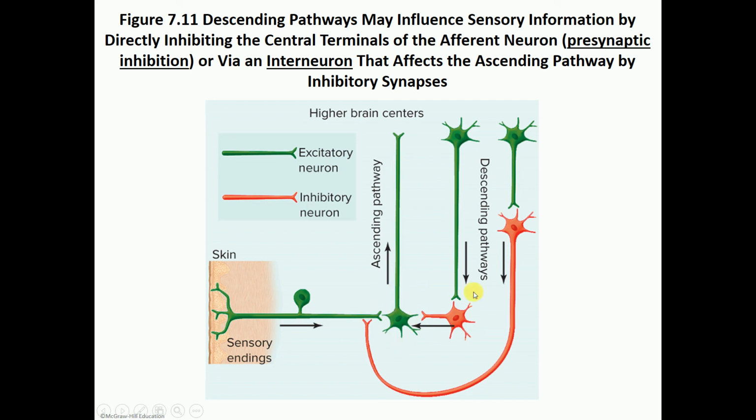Now these motor fibers are going to send inhibitory impulses either presynaptic or postsynaptic to the sensory pathway. So you have lots of different ways in which the brain interprets and localizes pain, or different stimuli.